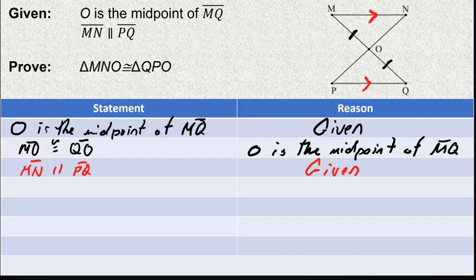In a previous video, we talked about covering or proving alternate interior angles. Just like in the previous proof that involved vertical angles, I can use those definitions. So knowing that, angle M and angle Q are congruent.